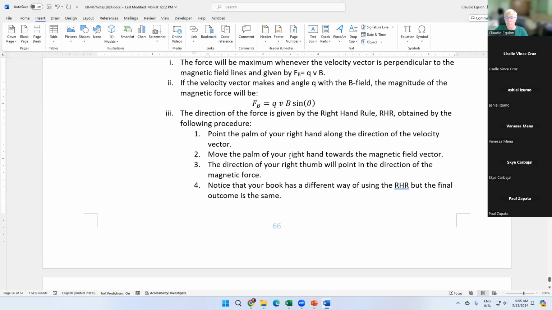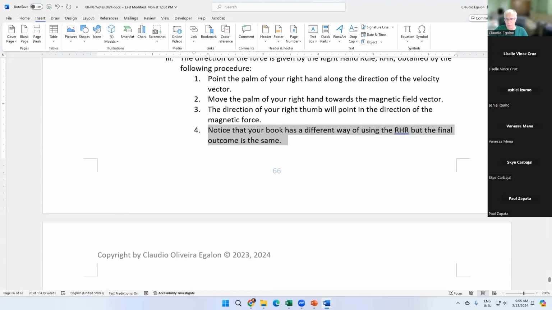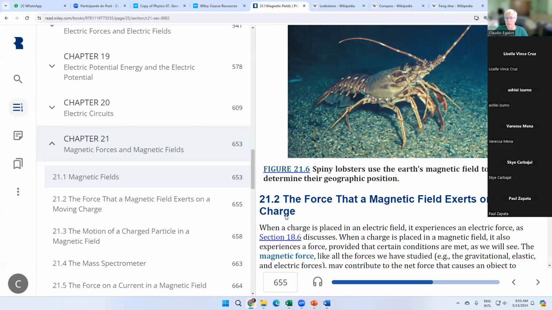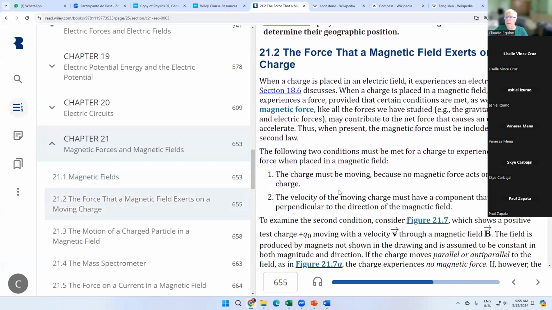Move the palm of your right hand towards the magnetic field vector. The direction of your right thumb will point in the direction of the magnetic force. The book uses a slightly different procedure of the right-hand rule, so let's see how it does, but the result is going to be the same.